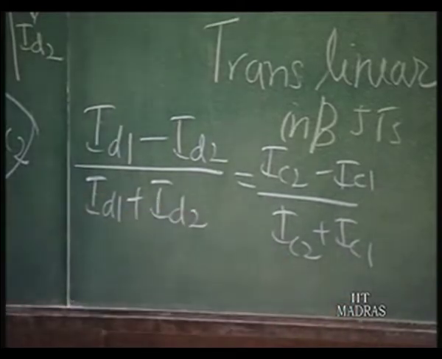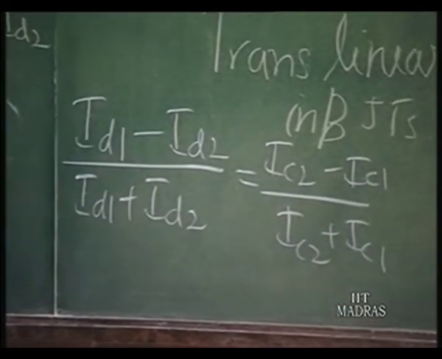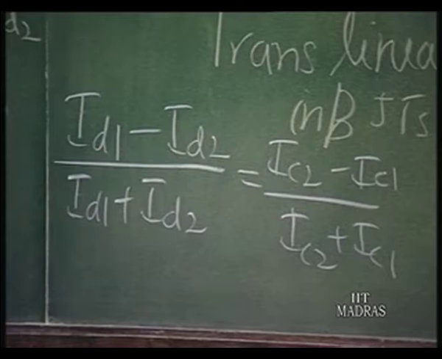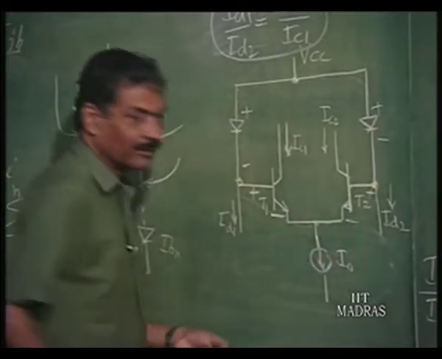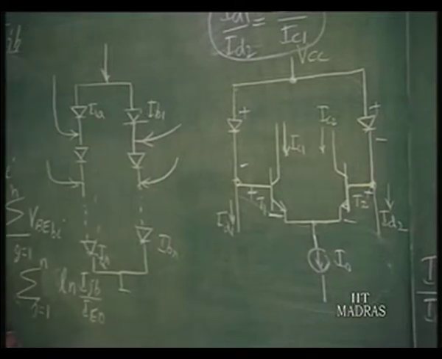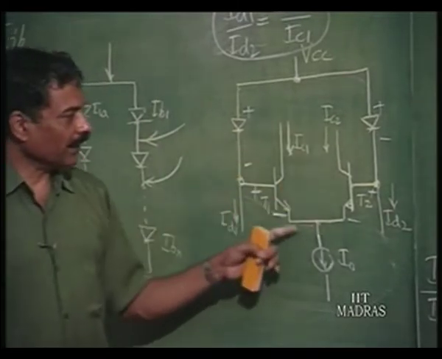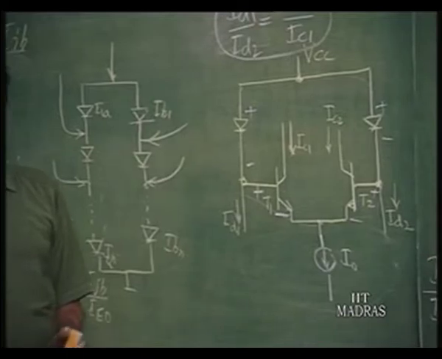I can make these two currents add up to a constant current, that is the Gilbert gain cell, a constant current I naught, forcing the current to be constant. So, that means I C 2 plus I C 1 is equal to I naught.